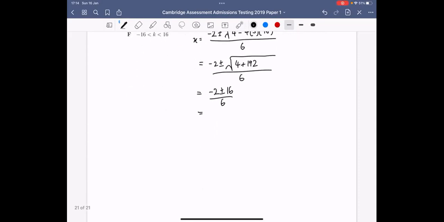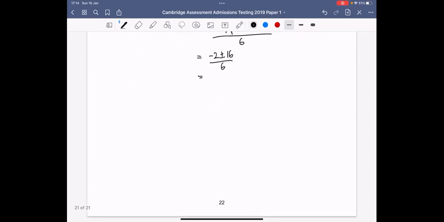This gives you minus 2 plus 14 is 12 over 6, which is 2. If you minus 14, you get minus 16 over 6, which is minus 8 over 3.